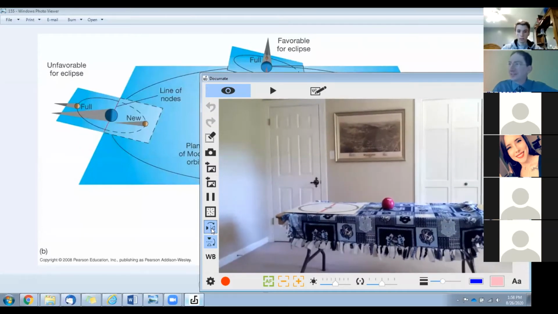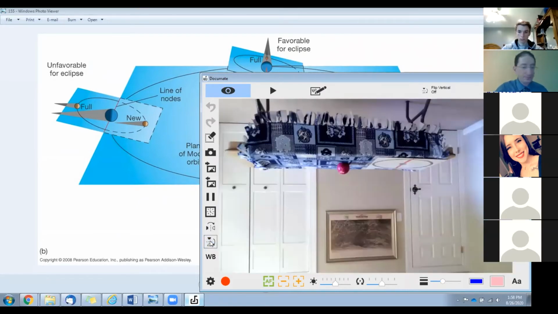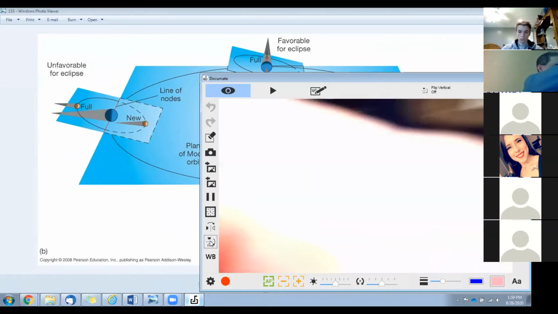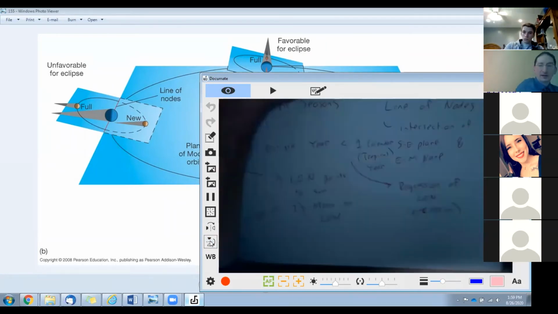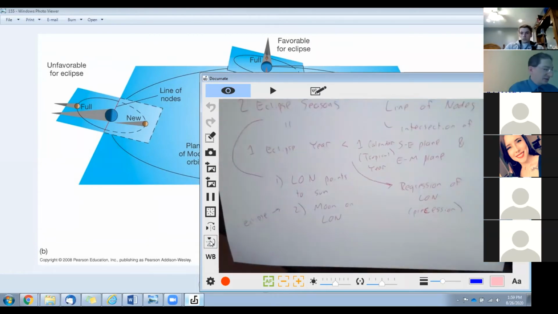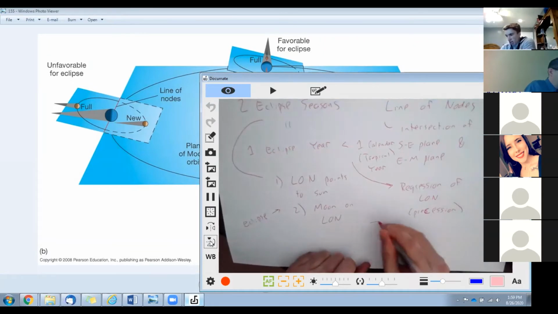Hopefully the 3D visualization, seeing it moving, helps. These still diagrams are not very useful for that. Come back here to the dot cam. So it's 19 days earlier each year.